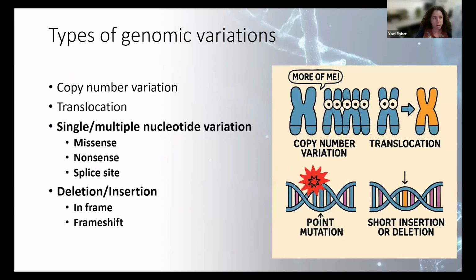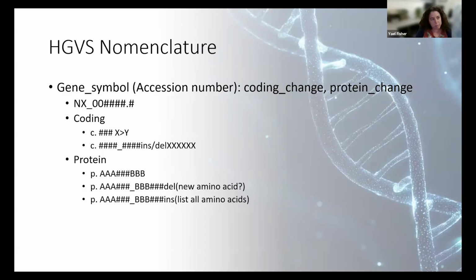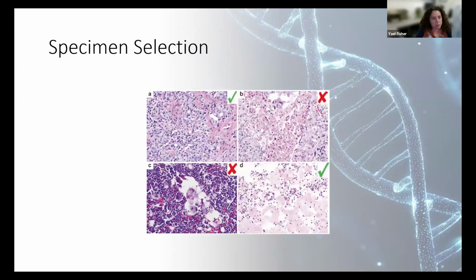We continued with talking about the different types of variants in the genome, and most of our focus was and is going to continue to be on point mutations, including single or multiple nucleotide variations or short insertions or deletions. We also talked a little bit about the nomenclature and how to read the name of the variant that we are seeing.